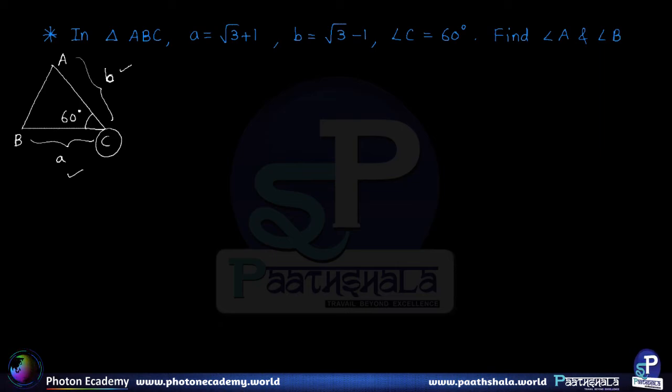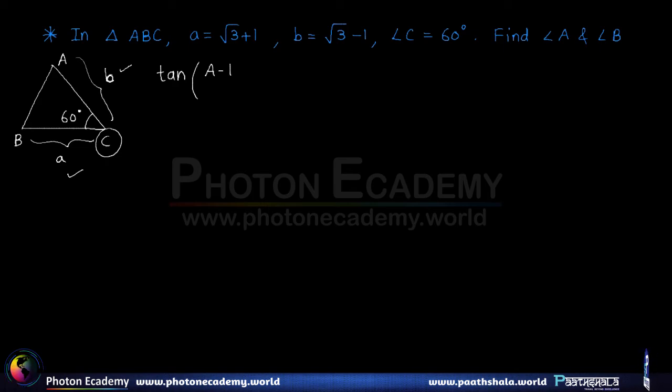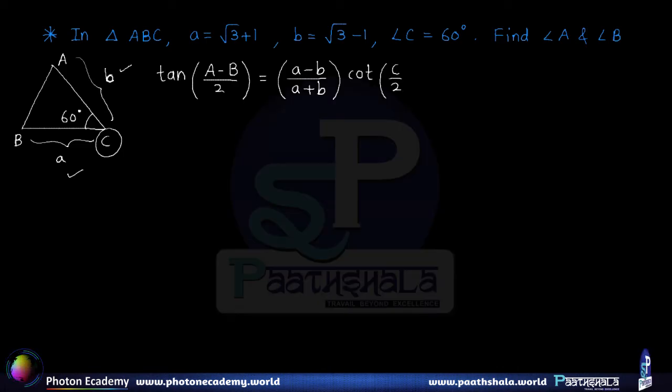Alright, so let us write the statement for Napier's analogies. Since a and b are given to us, we will use the statement tan of (A minus B) upon 2 is equal to (a minus b) upon (a plus b) into cot of the third vertex, that is C by 2.